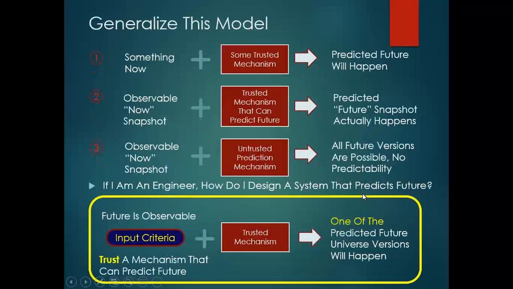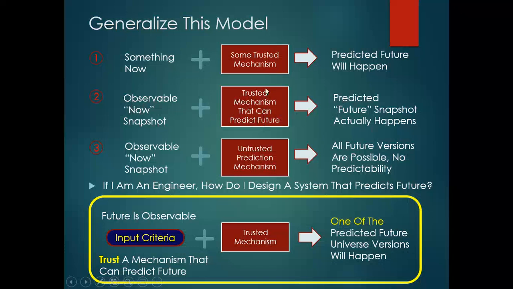Okay, let's phrase the description another way, like this. We have something that's happening right now. It goes through some kind of trusted mechanism, then it will produce some predicted future that will happen. Or we have some kind of observable now snapshot, and we have that now going through some trusted mechanism that can predict the future. And the predicted future snapshot actually will happen because we trust it.